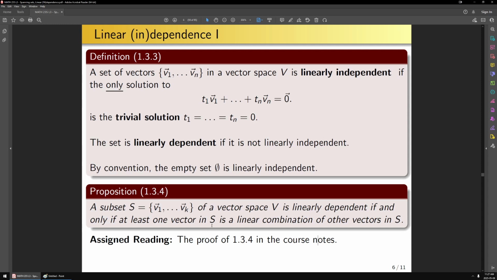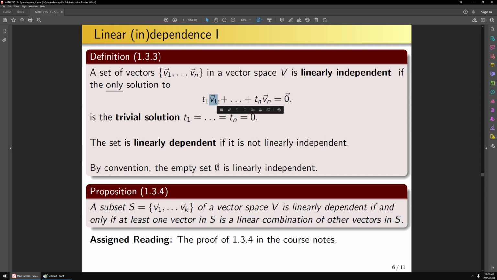And the idea here, for the forward direction, if it's linearly dependent, that means there's a non-trivial solution. Figure out how to use that non-trivial solution to write one of the vectors as a linear combination of the other ones. Conversely, if at least one vector in S is a linear combination of the other vectors, well, suppose that that vector is v1.